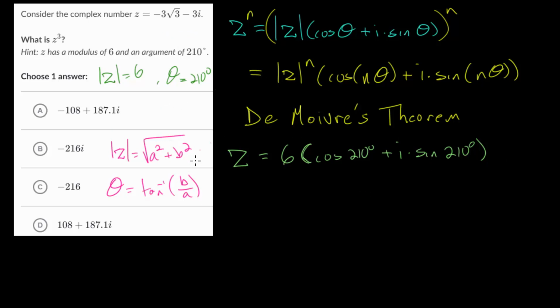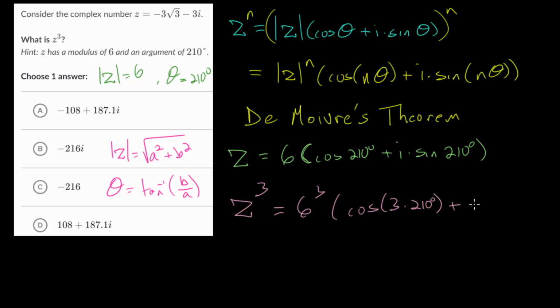Now, considering that we do have the polar form of this number, we can apply this theorem here. We can take our complex number z and raise it to the third power, and we will essentially take the modulus and raise that to the third power, and we will take the angle and multiply the angle by 3.